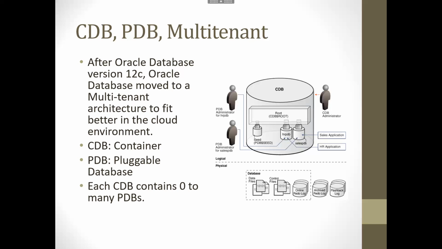Every hard drive you plug in creates additional space, and you can configure how the hard drives are managed. You can put multiple hard drives into one logical drive, so C, D, E, F, right? Or you can have multiple hard drives in one server. So each one of these hard drives is kind of like our pluggable database. You can plug it in and unplug it, plug in, unplug, right?